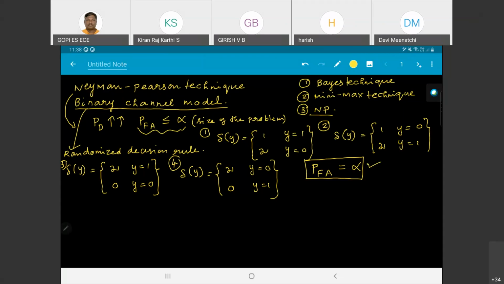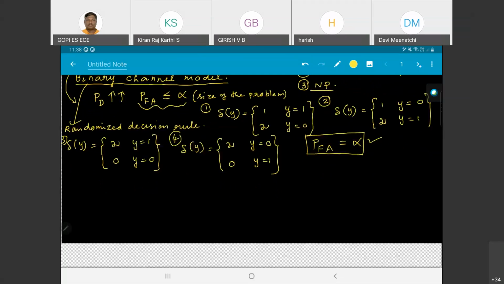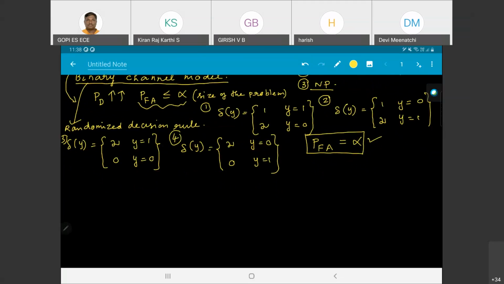Then you have to find out which among these 4 rules is going to have the maximum probability of detection, and we will declare it as the solution. We'll do one problem now.